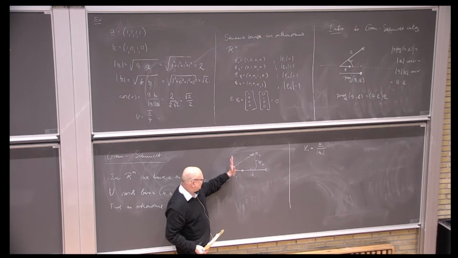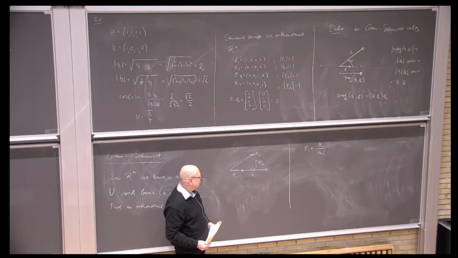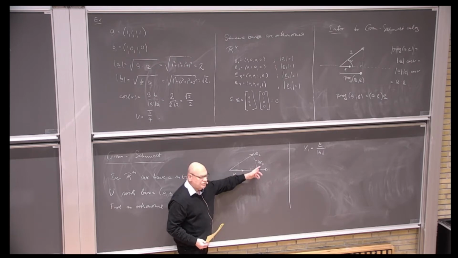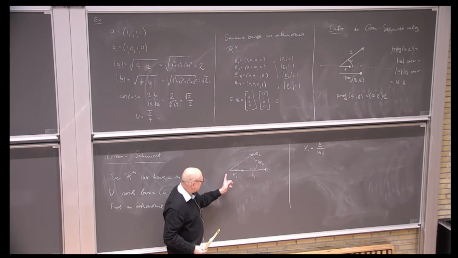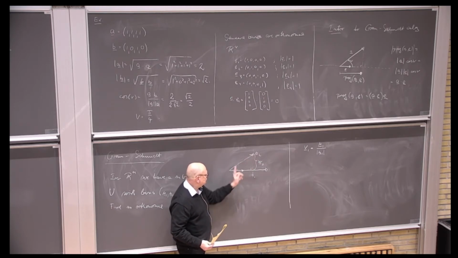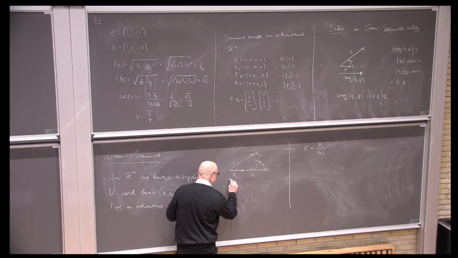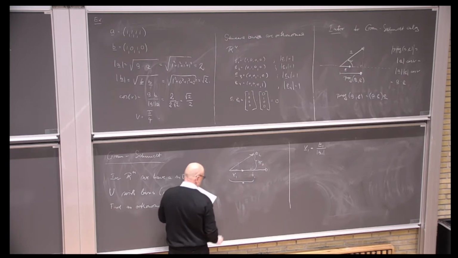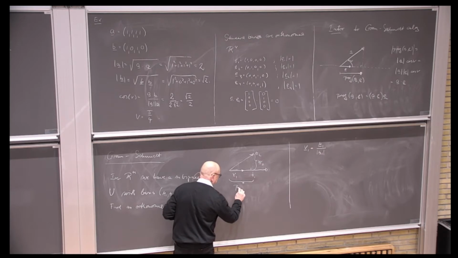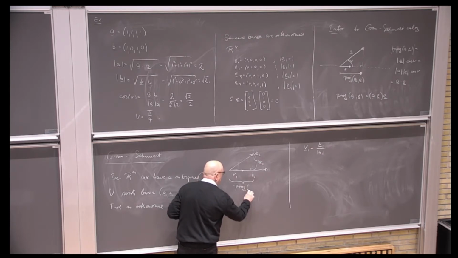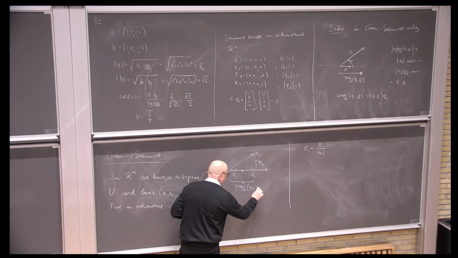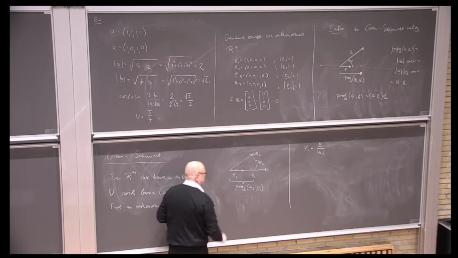But in that direction, it is perpendicular to V1, that is, it is orthogonal to V1, and I can compute this vector. What I do is that I say U2 is the sum of this vector here and this vector here. And this vector here is the projection of U2 on the unit vector V1.